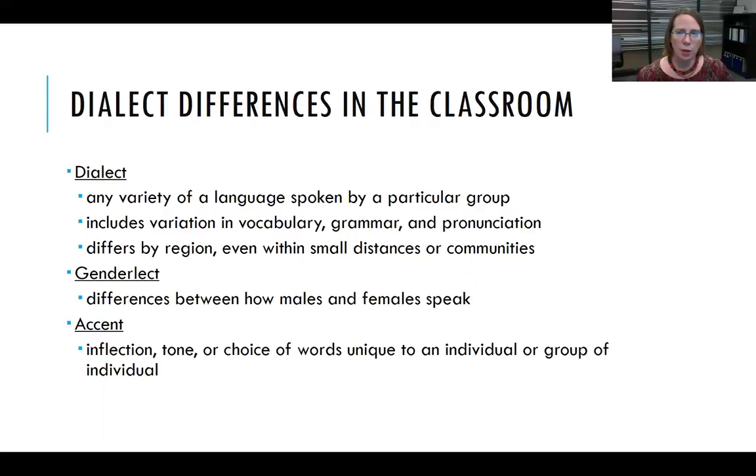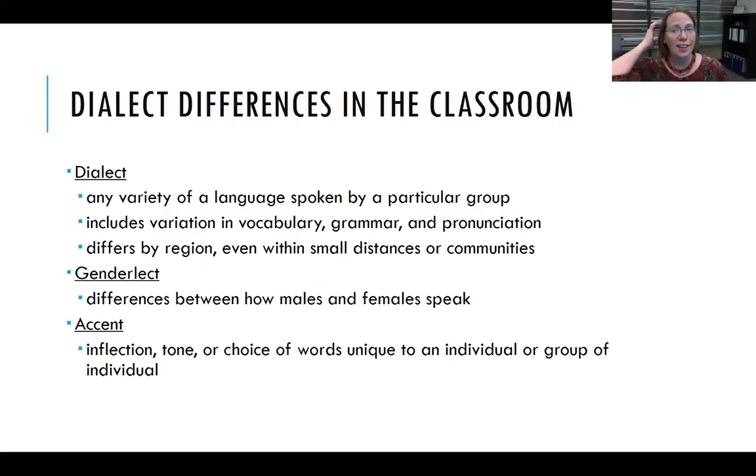It is important to note that there is a thing called genderlect, which is the differences between how males and females speak. Males tend to be more direct, females tend to be more concerned about other people. That has a lot to do with how we're socialized. And even at the very beginning of a child's life, the way that people speak to a female child versus a male child tends to be different.